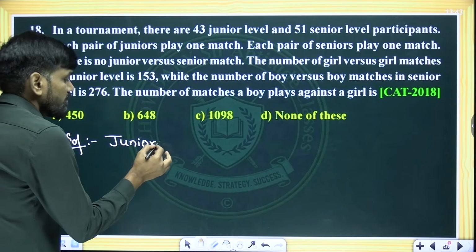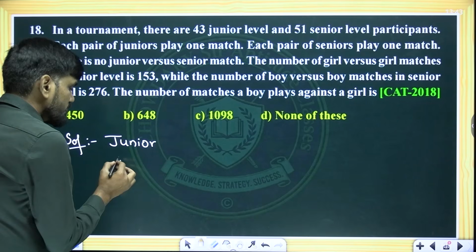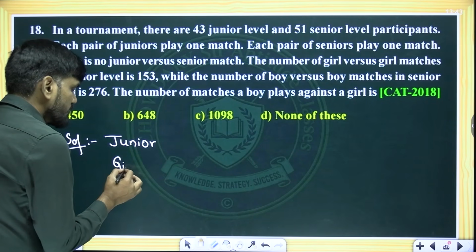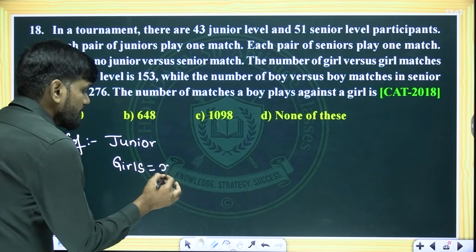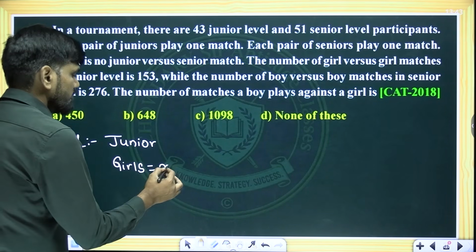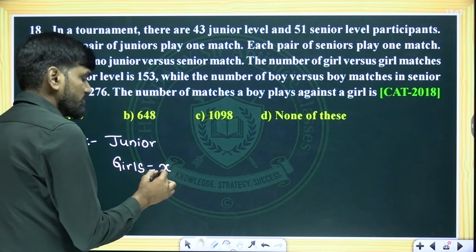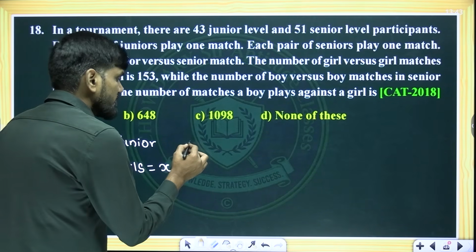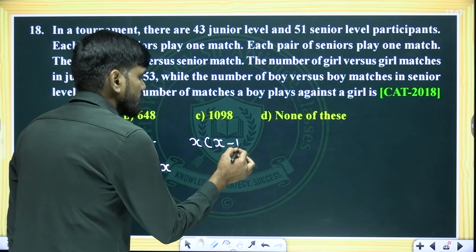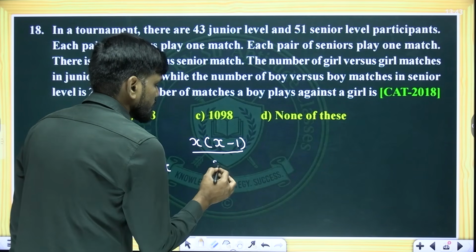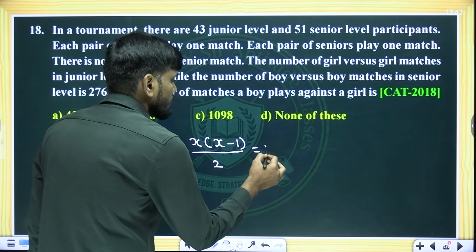Right? So, in junior level, I am assuming girls equal to X. If the number of girls are X, the number of matches between a girl and a girl would be n into n minus 1 by 2. So, in place of n, I have X. That gives you X into X minus 1 by 2 is equal to 153.